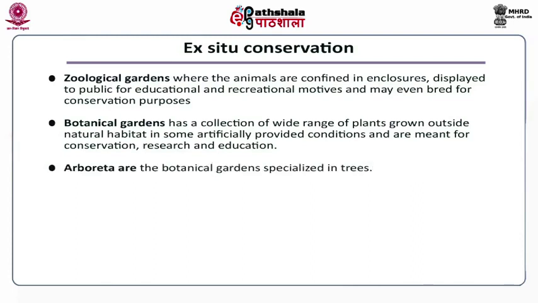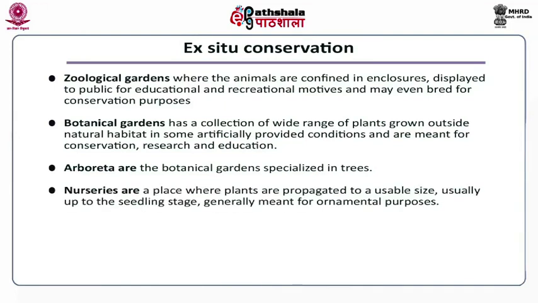Arboreta are botanical gardens specialized in trees. Nurseries are a place where plants are propagated to a usable size, usually up to the seedling stage, generally meant for ornamental purposes.